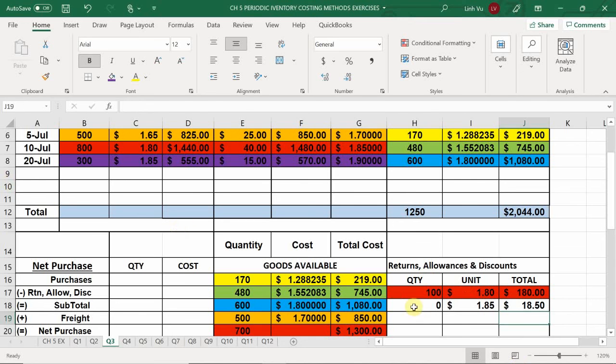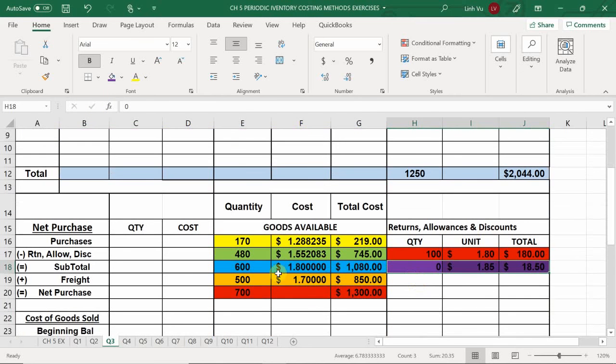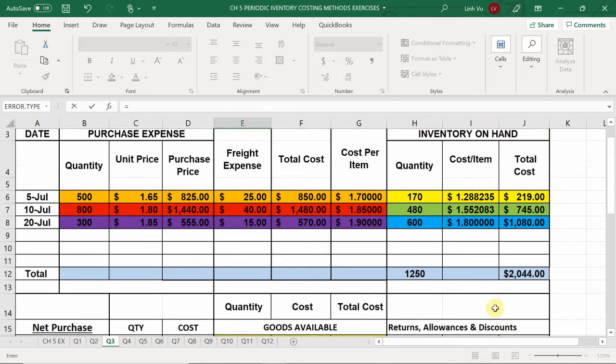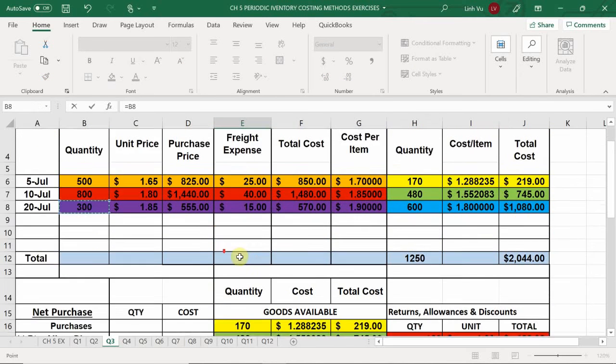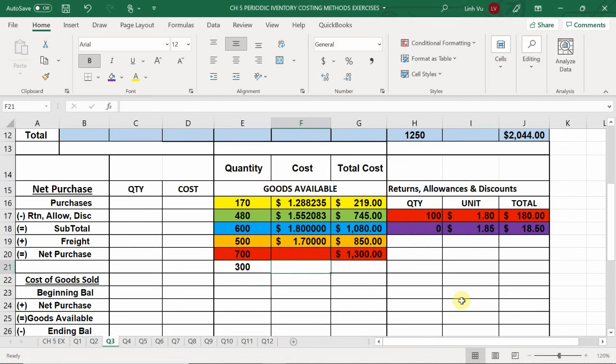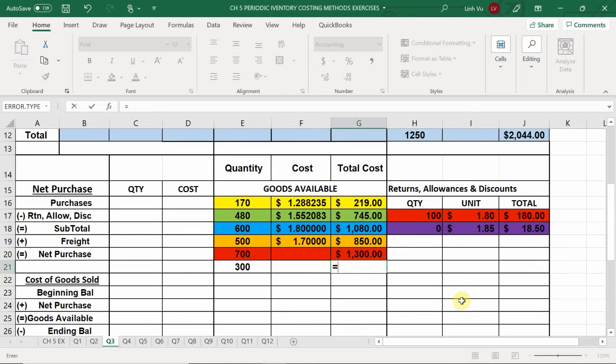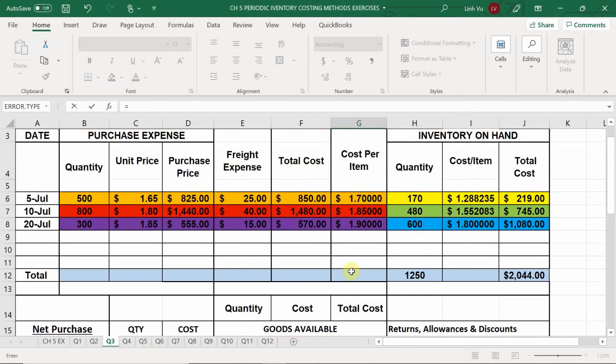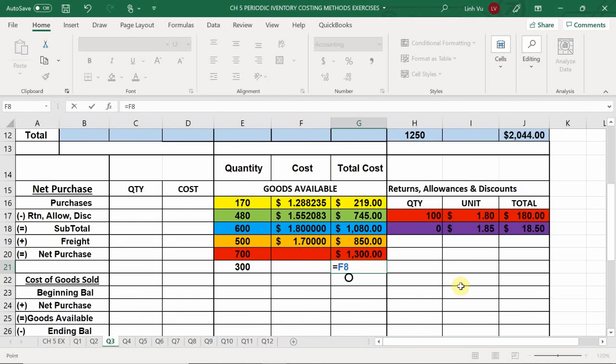Okay? So in this case, I'm going to make an association that this one was from the purple batch. Therefore, I need to enter this in here because this time, even though my quantity did not change, because 300 minus 0 gives you 300, my total cost changed. The original bill was for $570.